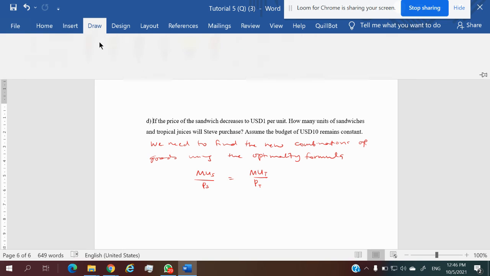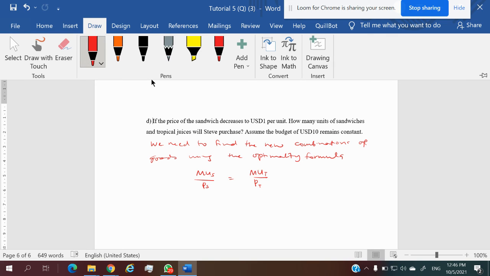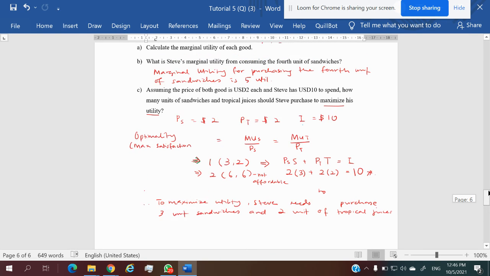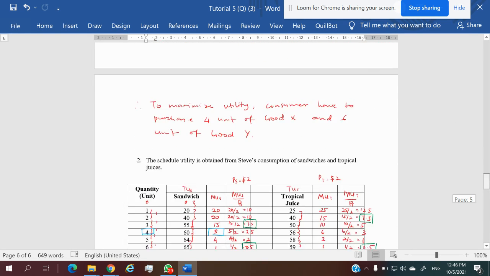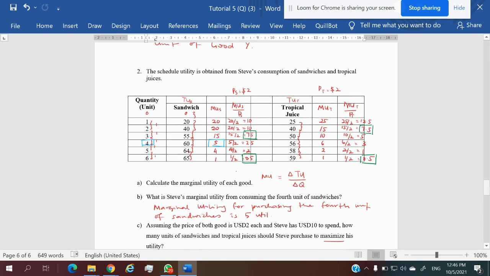Okay, class. So let's look at the table just now. So we have here another one, MUS over PS. This is the second one. When the price now is $1, this one is for $2 and this one is for $1.